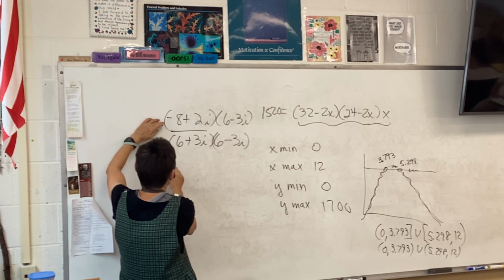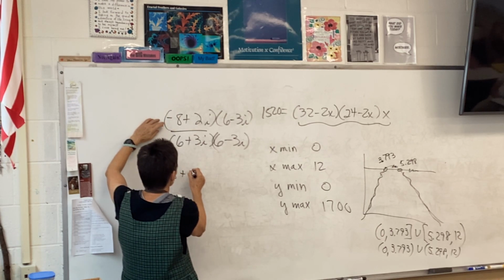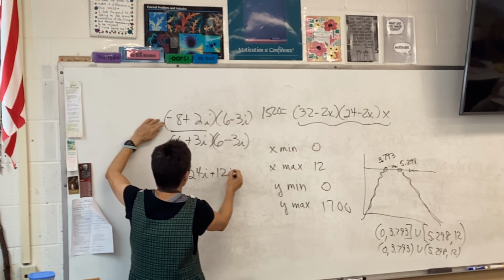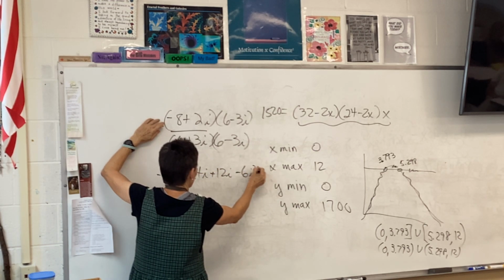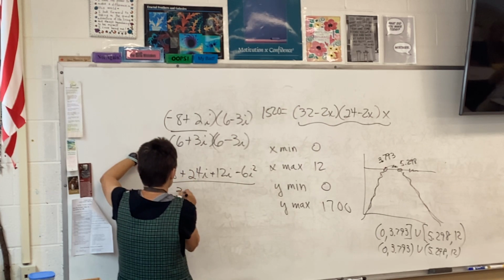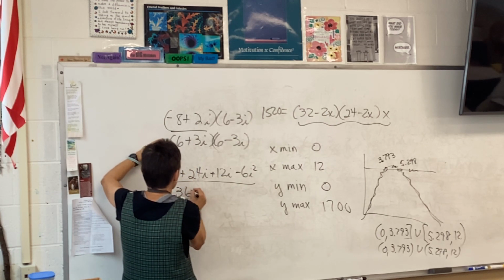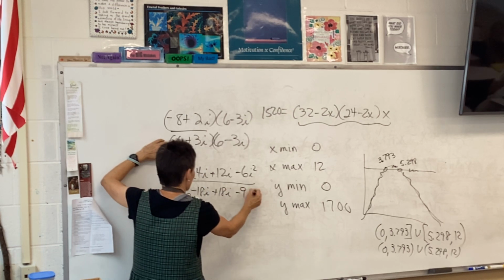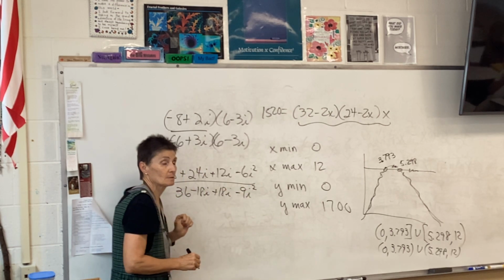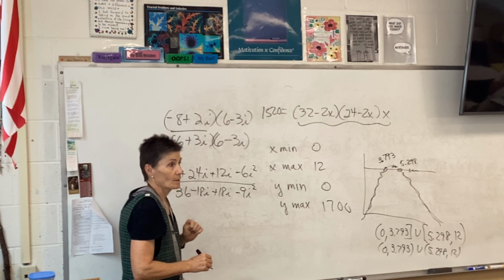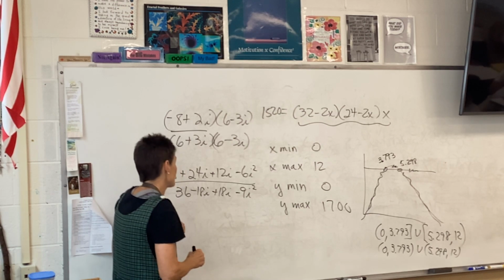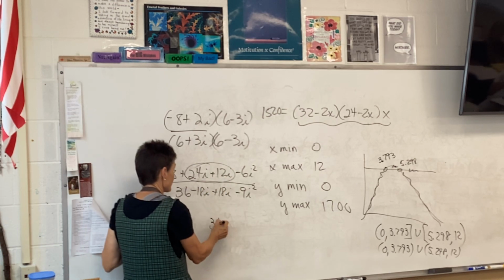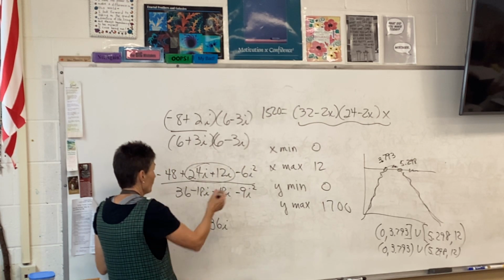So -48 plus 24i plus 12i minus 6i squared, over 36 minus 18i plus 18i minus 9i squared. Okay? Let me just start simplifying. This is going to make a 36. And what's going to happen here?